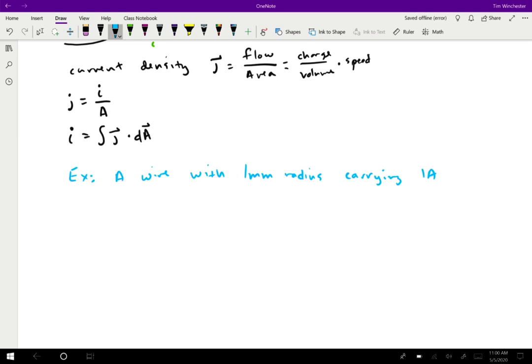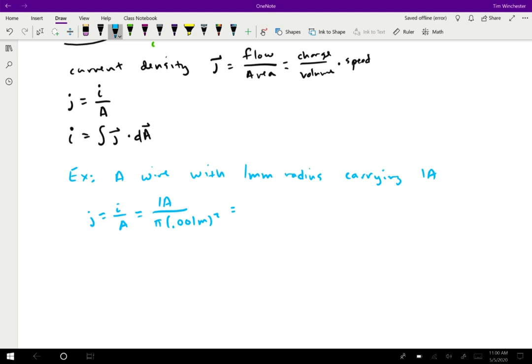We just use the formula, J equals I over A, which is going to be 1 amp over the area of the wire, we want the cross-sectional area. So that'll be pi r squared, which is 0.001 meters squared. When I divide 1 by this tiny number, I'm going to get a really big number.